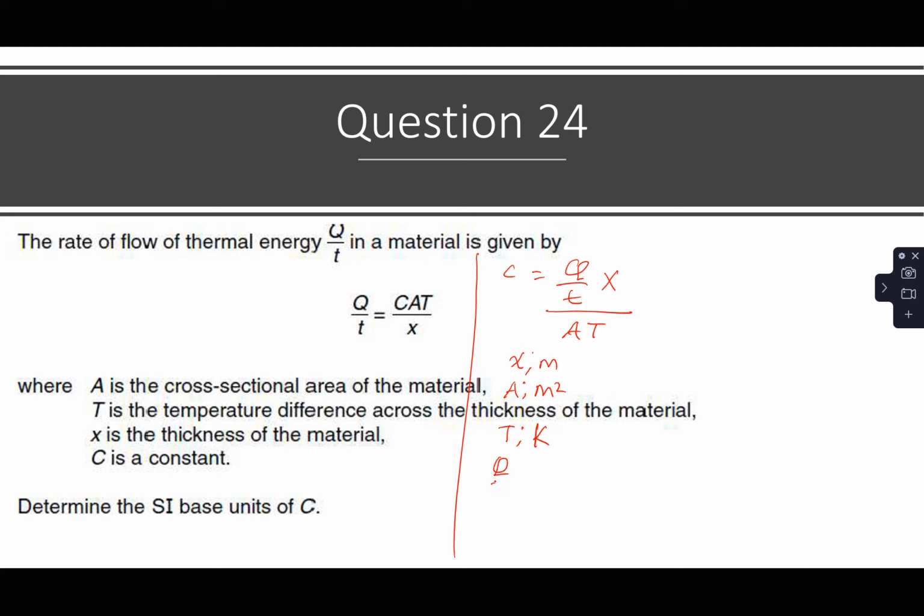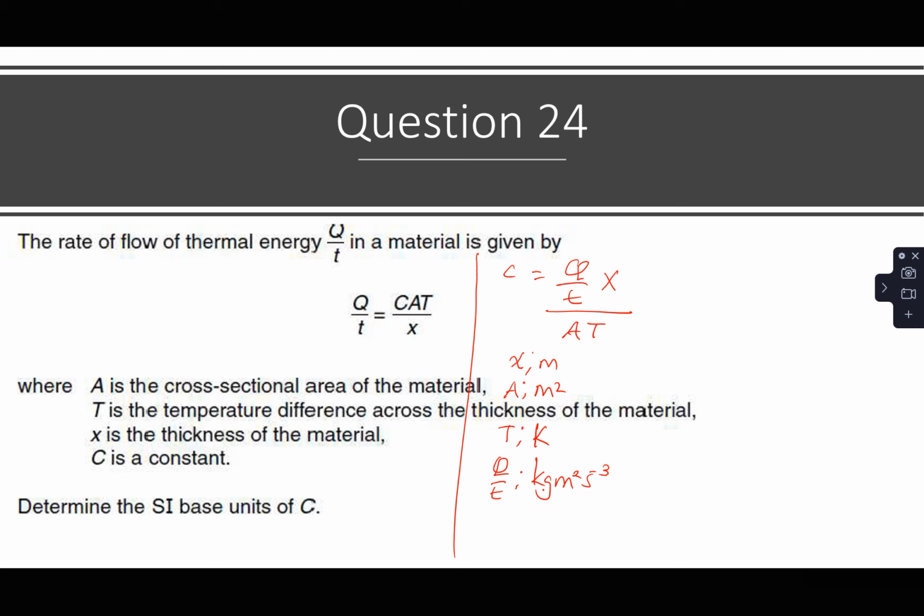Then Q over T, that is the rate of flow of energy, energy over time. Remember, energy is kilogram meters squared per second squared. Over time, it becomes kilogram meters squared per second power negative 3. That is energy over time, because Q is standing for thermal energy.